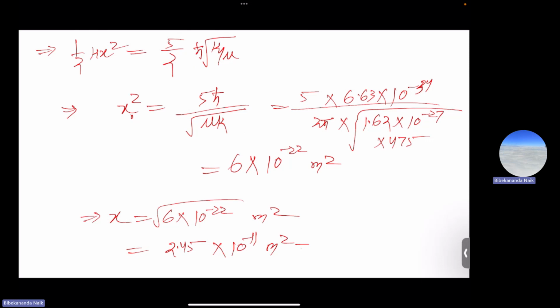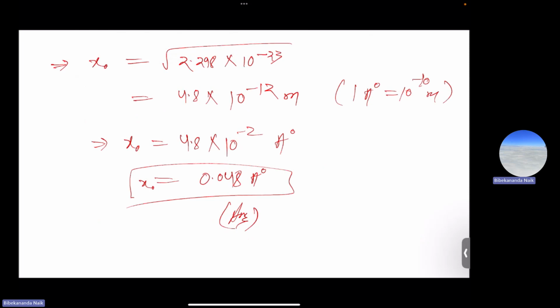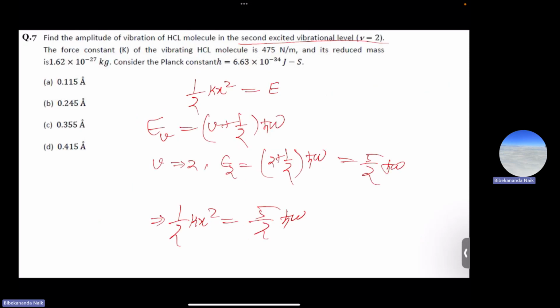So in order to convert it to angstrom, it will be 0.245 angstrom. So the correct option is option B, 0.245 angstrom. This question was again pretty much similar to the previous one. We simply equated the value of the second excited energy level to half kx square, where x is the amplitude of vibration.